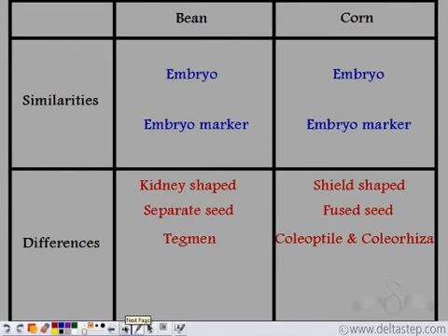So this is a difference between the bean and the corn. Whereas the tegmen provides protection to both the embryo and the endosperm, the coleoptile provides protection only to the shoot-forming part, and the coleorhiza provides protection to the root-forming part of the embryo.